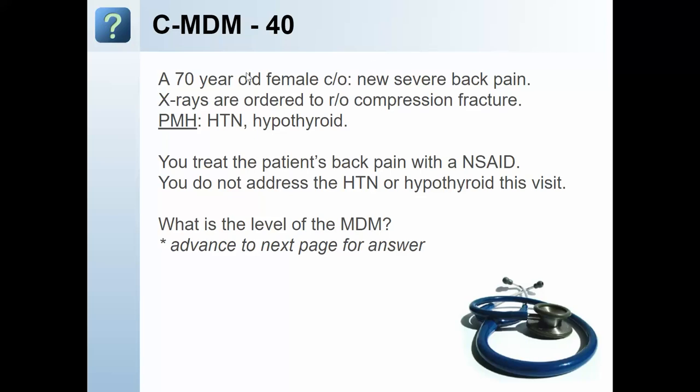Here's an example. We have a 70-year-old female who complains of new, severe back pain. X-rays are ordered to rule out a compression fracture. Past medical history is hypertension and hypothyroid. So you decide you're going to treat the patient's back pain with a non-steroidal, but Granny's in your office and you're not going to address the hypertension or hypothyroid this visit, because she's in such severe back pain.